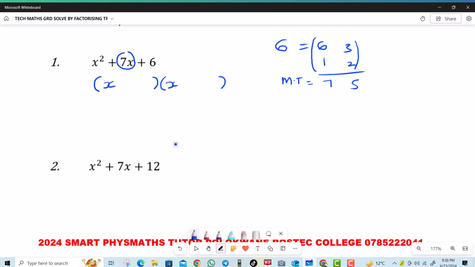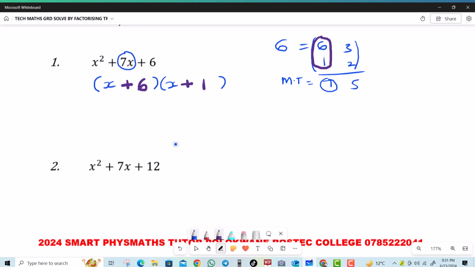So because we are getting this 7x using this pair here, it means that this is the right pair to use in our factorizing. So we are going to say it is x plus 6, then also x plus what? Plus 1. So that's our answer.